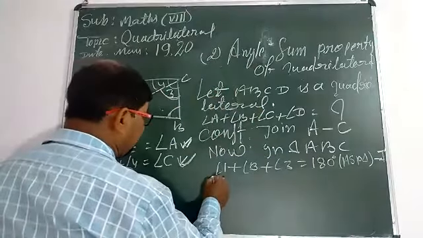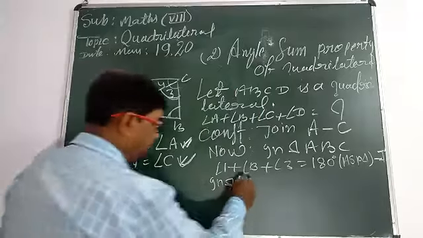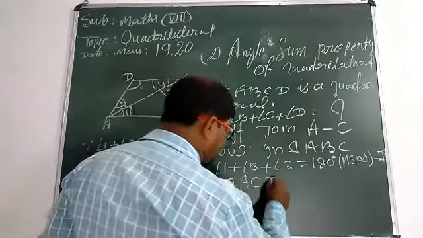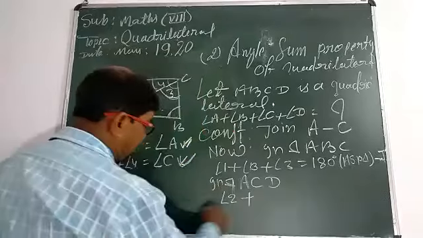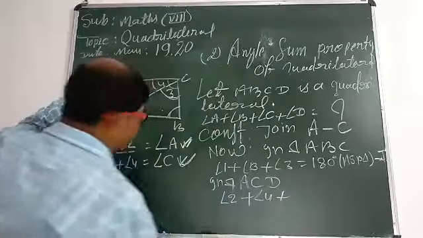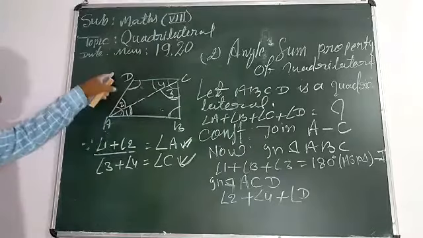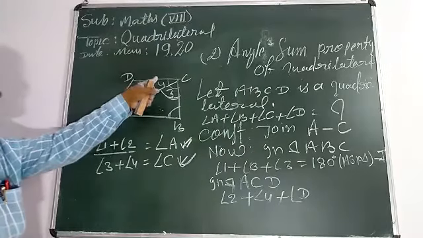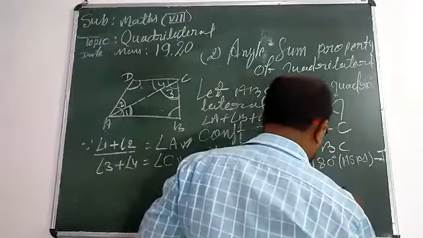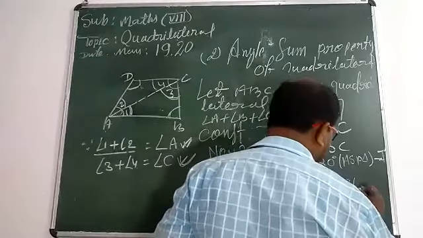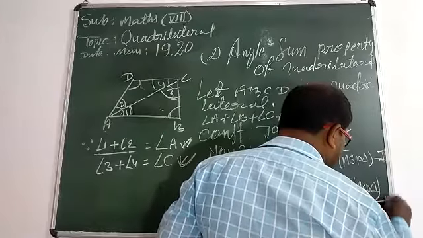Now, student, in triangle ACD, angle 2 plus angle 4 plus angle D equal to 180 degrees. Same reason, student: angle sum property of triangle. This is equation number 2.